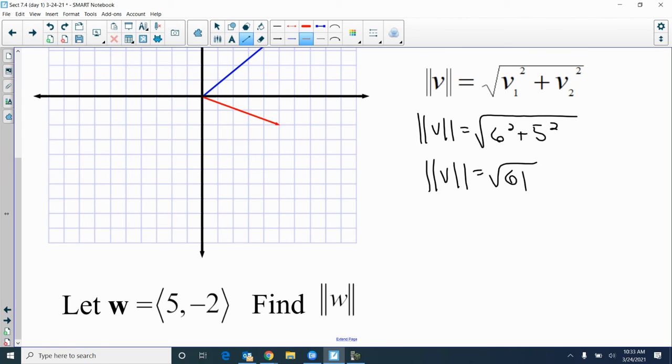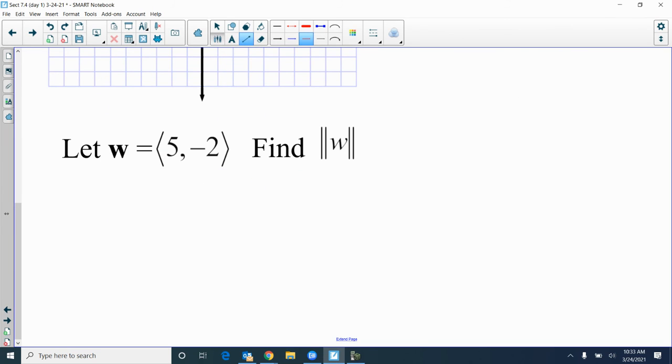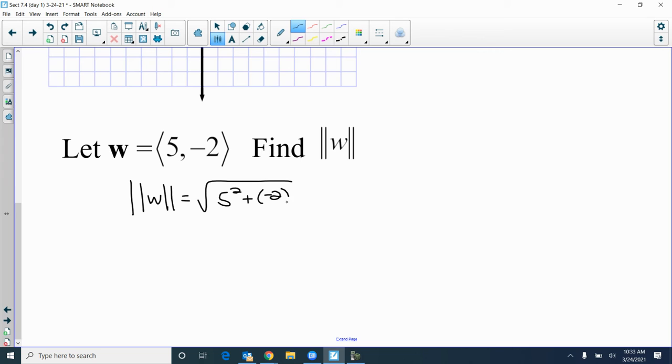Negative 2. And let's see here. Magnitude of W is 5 squared plus, make sure the negative 2 squared becomes positive, square root of 29. A square root of 29.